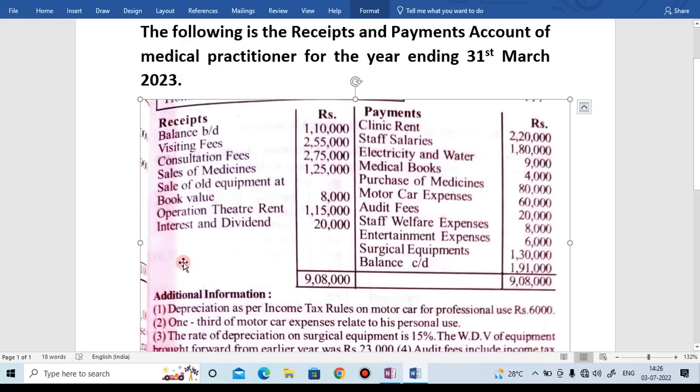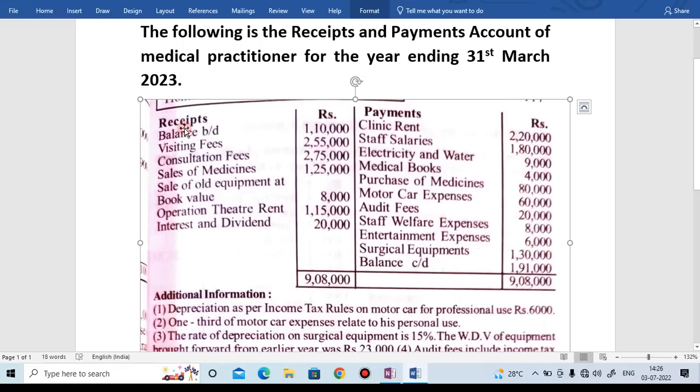From this receipt side we have to identify the receipts which are related to the medical field. Balance brought down and balance carried down are not considered in this computation of income from profession, so we do not have to take the opening balance and closing balance.